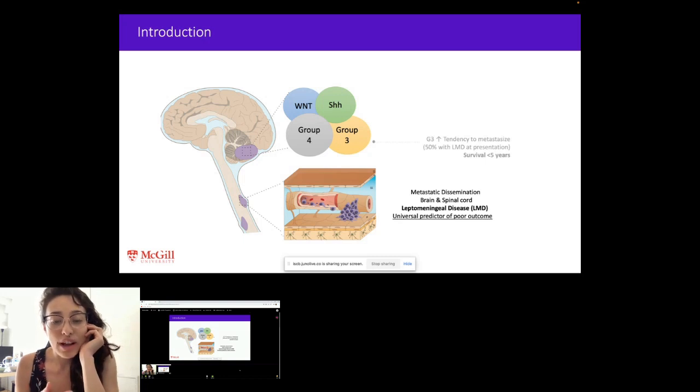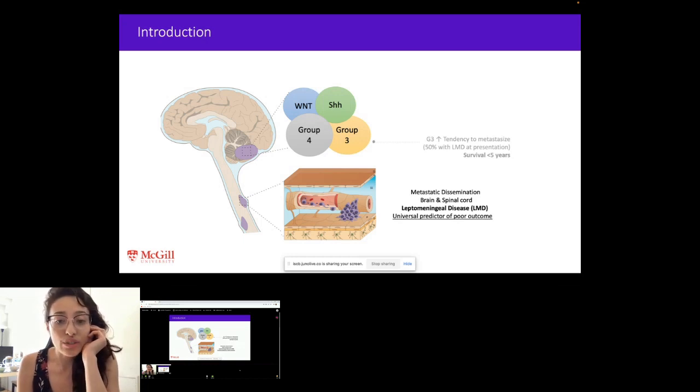As I said, group 3 is one of the most aggressive subtypes of medulloblastoma. It has a great tendency to develop metastasis at some point, and 50% of the patients have LMD at the moment of diagnosis.